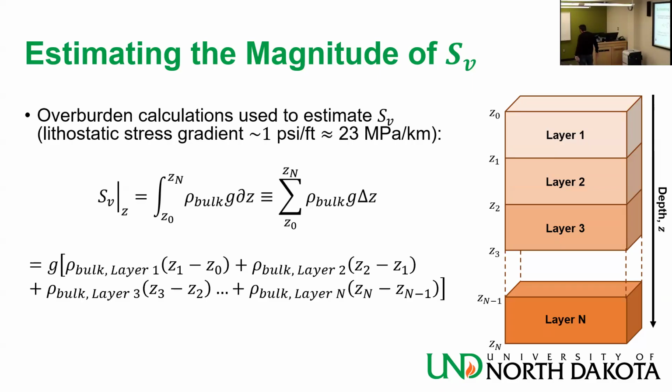Now, there are two ways you can do it. And when I'm doing geomechanics, I always pay attention to that because it's rho G delta Z, which is basically rho GH. Rho is density, pound mass per cubic feet. Z is length, feet.